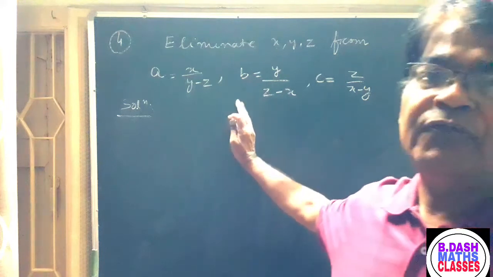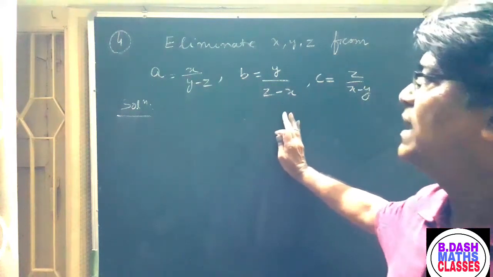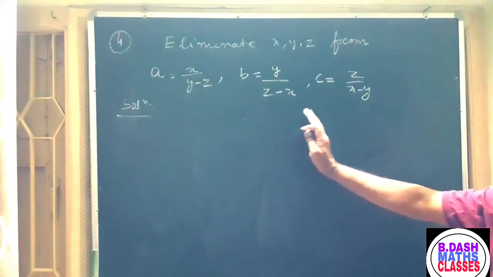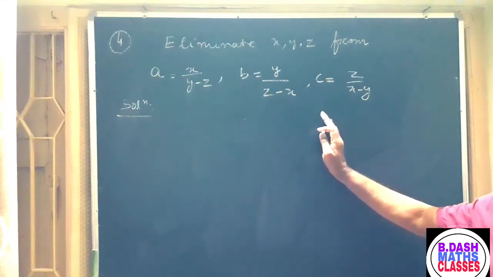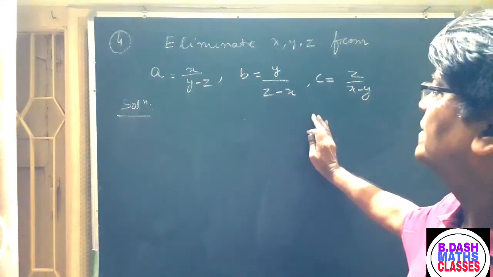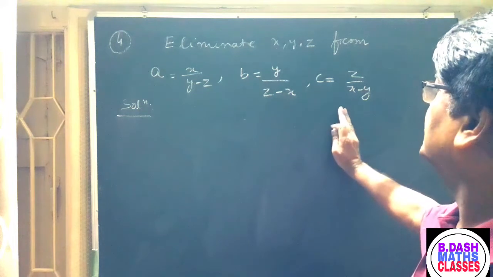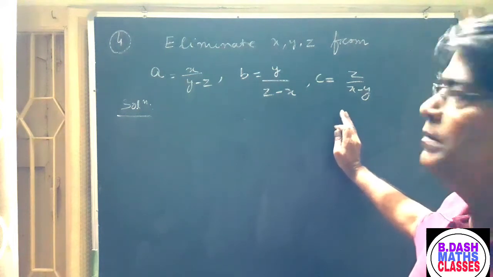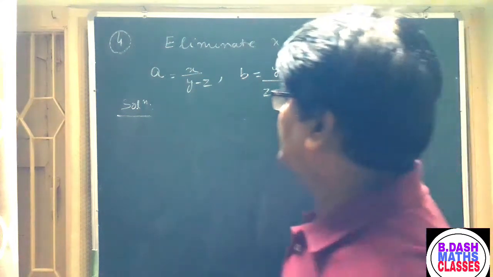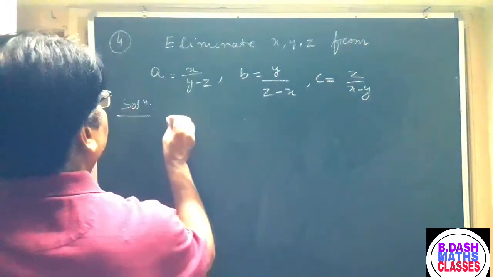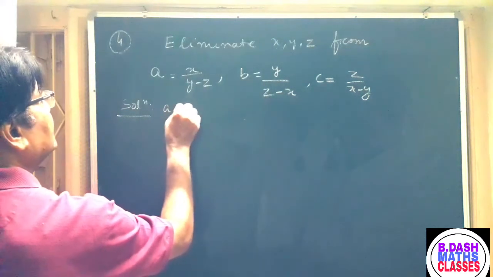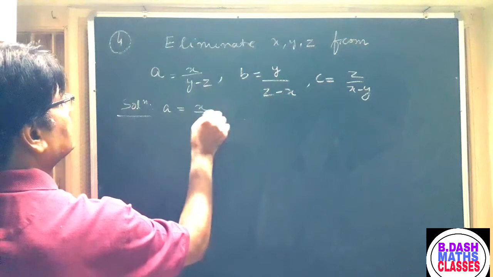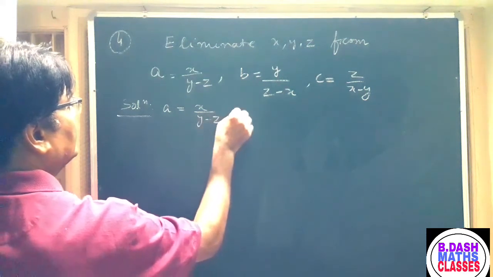Now, our fourth question is this one. Eliminate x, y, z from a is equal to x by y minus z, b is equal to y by z minus x, c is equal to z by x minus y. And we have to solve it. So here a is equal to x by y minus z.